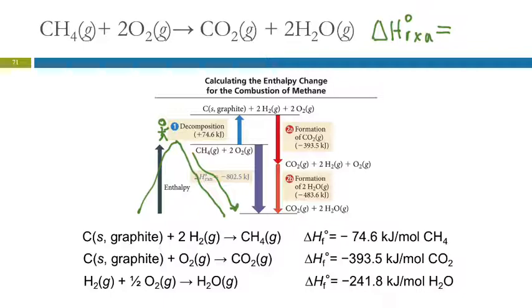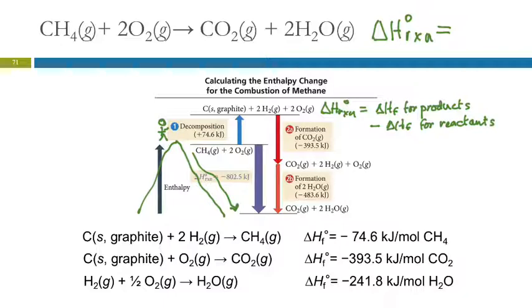So the way this would be written out to calculate this, we'd say the delta standard heat of reaction is going to equal the heats of formation for the products, minus the heats of formation for the reactants.